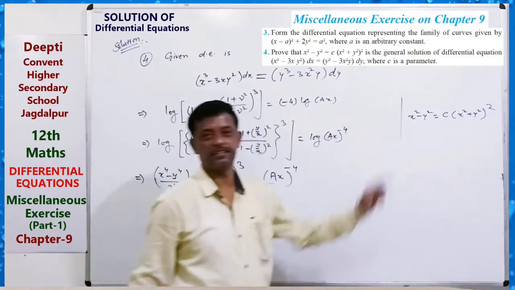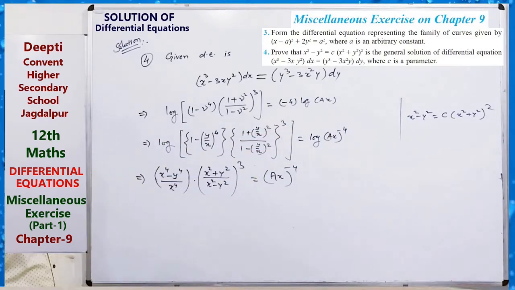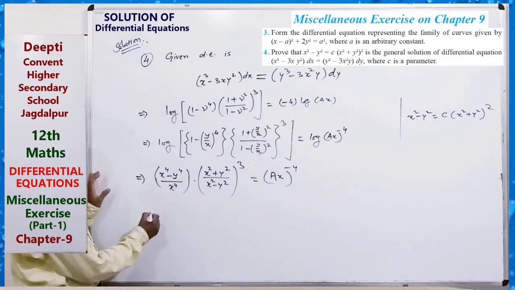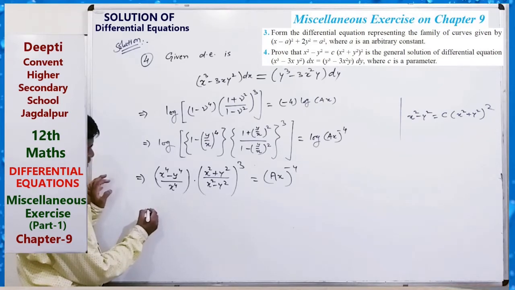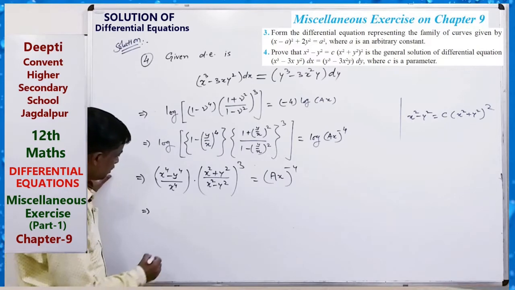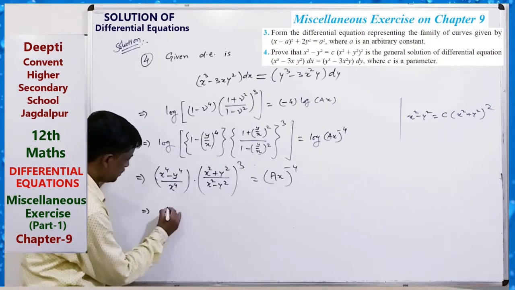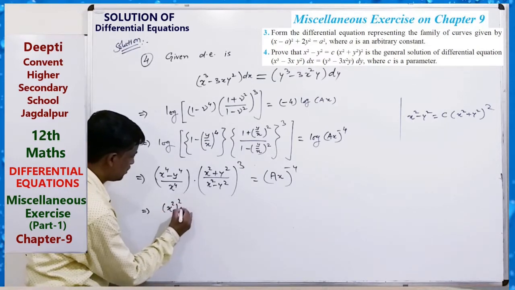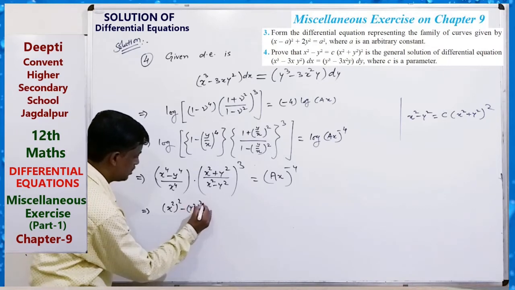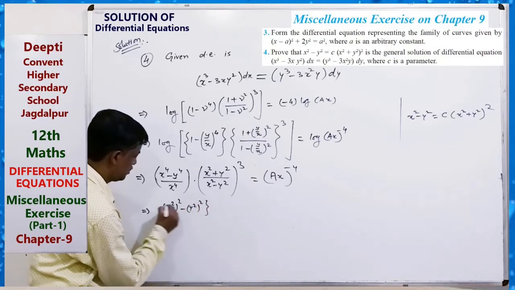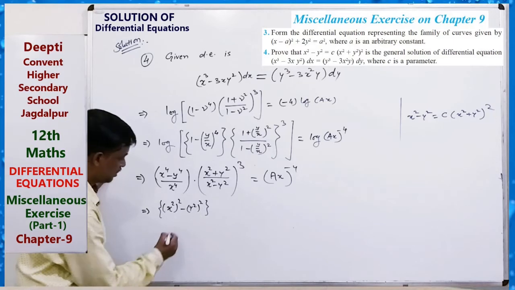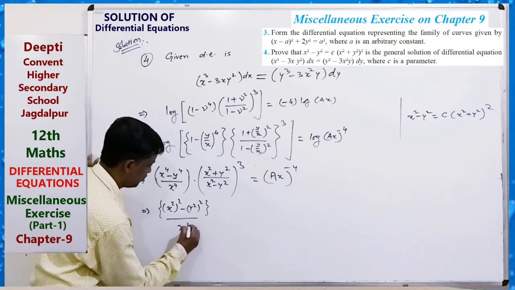This is our target general solution in this form. So we can suppose just like this, x square squared minus y square squared numerator upon x power 4.